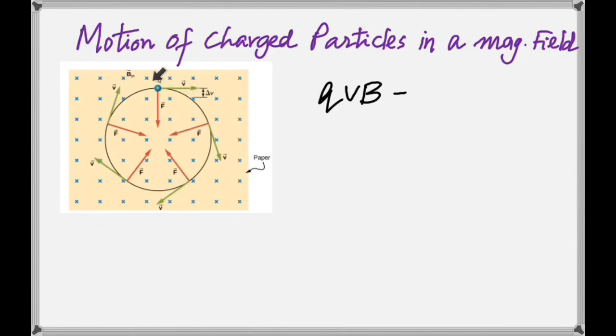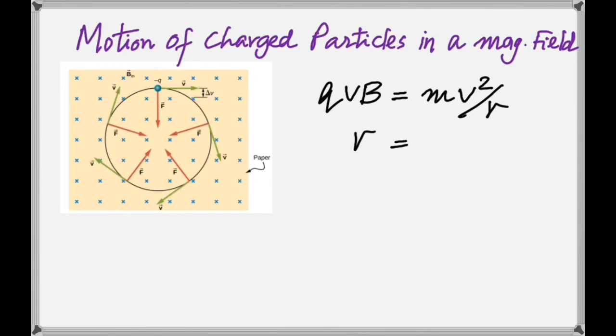And you have a negatively charged particle moving this way, clockwise. And so the force acting on it will be inwards. That provides the centripetal force. And you know that centripetal force is given by mass times square of the velocity divided by radius. So you put those two equal to each other.